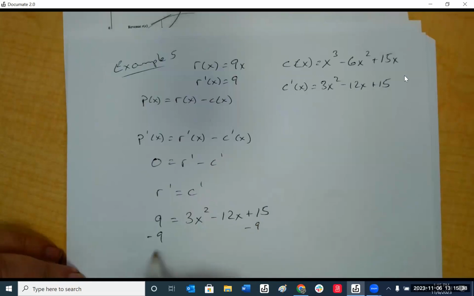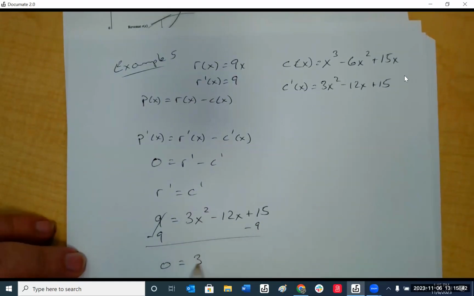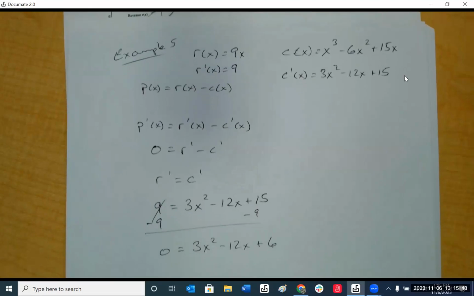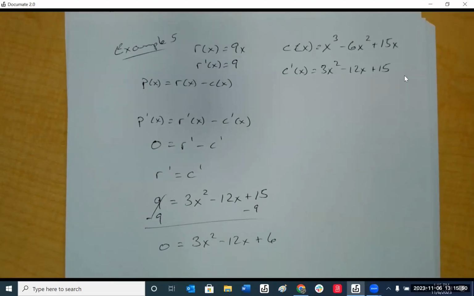Subtract 9 from both sides. 3x squared minus 12x plus 6. Factor out a 3.